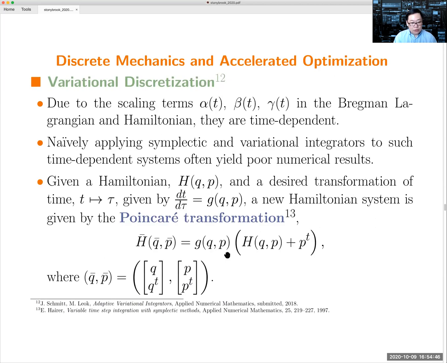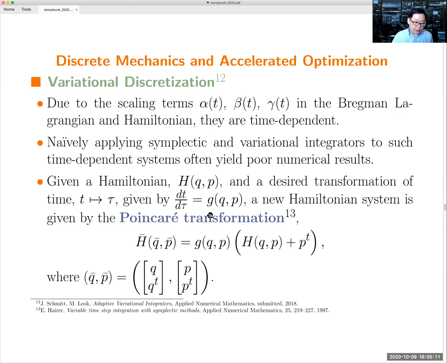Okay, so let me briefly talk about the adaptive methods. There you can introduce a new time-like parameter, which is potentially a rescaling of time via this monitor function.